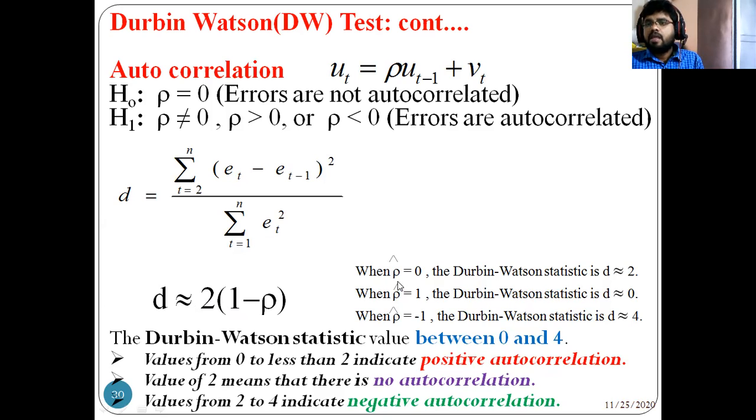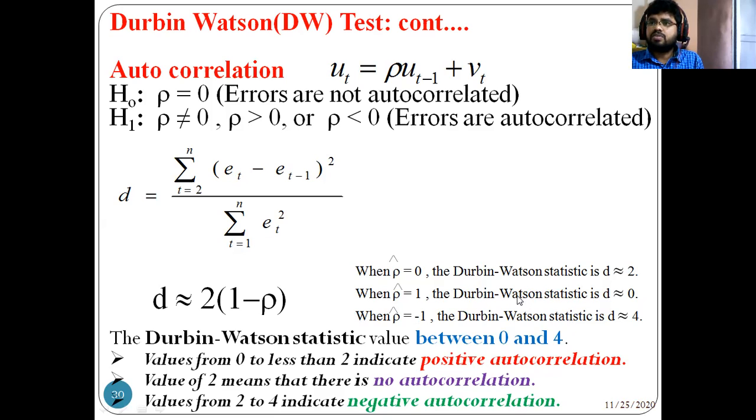For example, when rho is equal to 0, nothing but the estimated coefficient of the previous error term, rho cap, is equal to 0, the DW statistic D is approximately 2. Simple, you can remember. This is very important for your PhD entrance or other entrance exams or assistant professor exams.